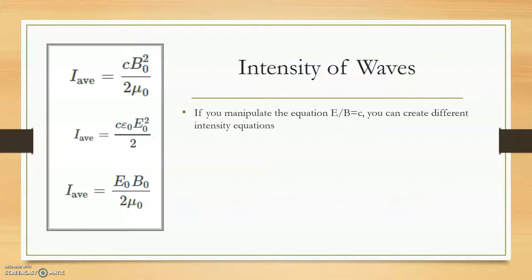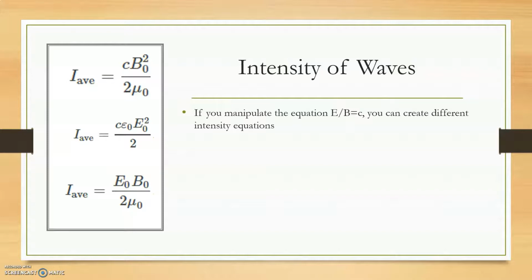You can also use this equation with the idea that a wave's energy is proportional to its amplitude to postulate multiple equations for intensity. You can substitute the variables in order to find different ways to calculate the intensity of a wave.